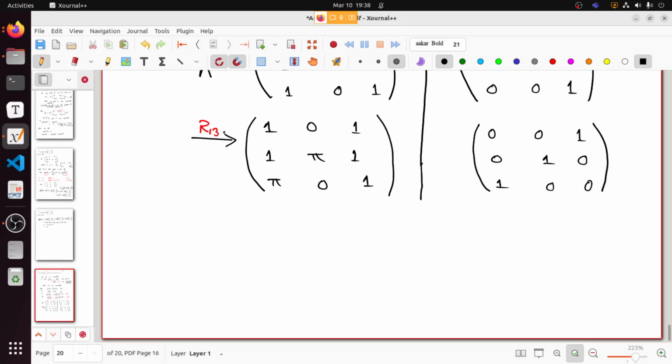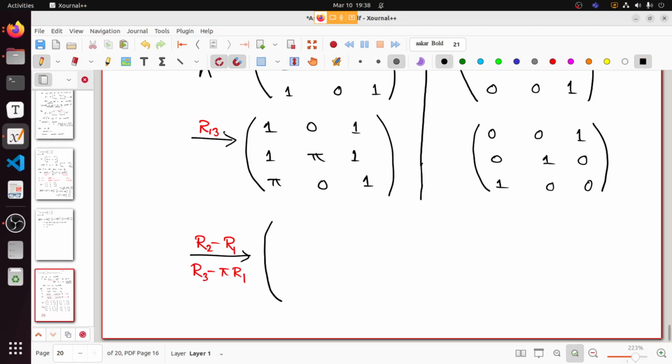Now you have to make these two entries to be 0. So for that, what you will do, you will just subtract R1 from R2, and for R3 you will do minus pi times R1, right?